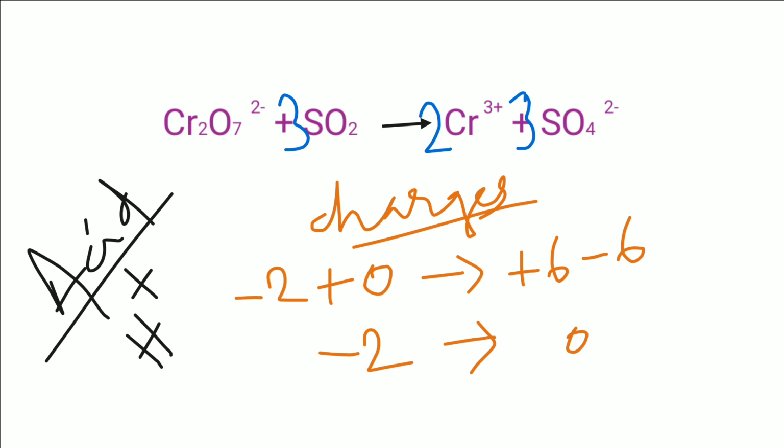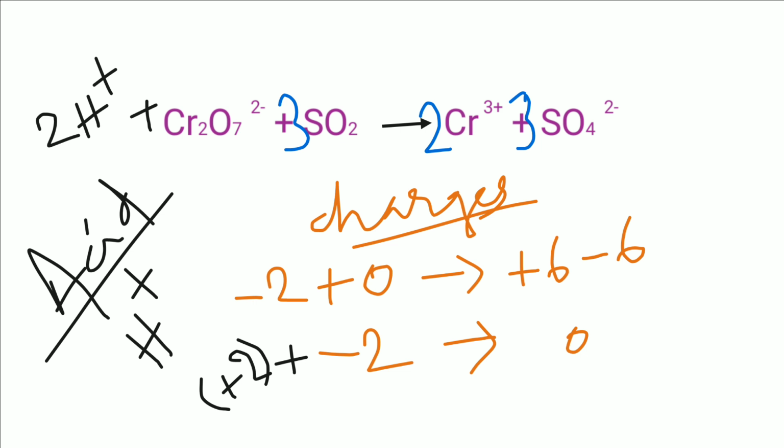The left hand side. How many times? 2 times we need to add. Then plus 2 added to minus 2, the result will be 0, and the charges on both sides will be equal. So on the left hand side, 2 moles of hydrogen ions need to be written. I am writing 2 moles of hydrogen ions on the left hand side now.